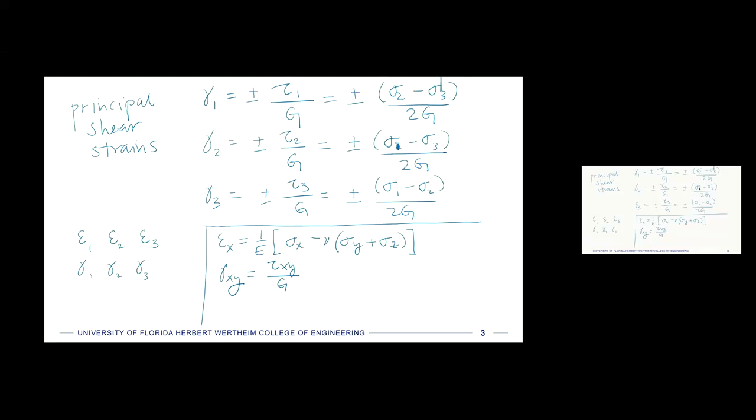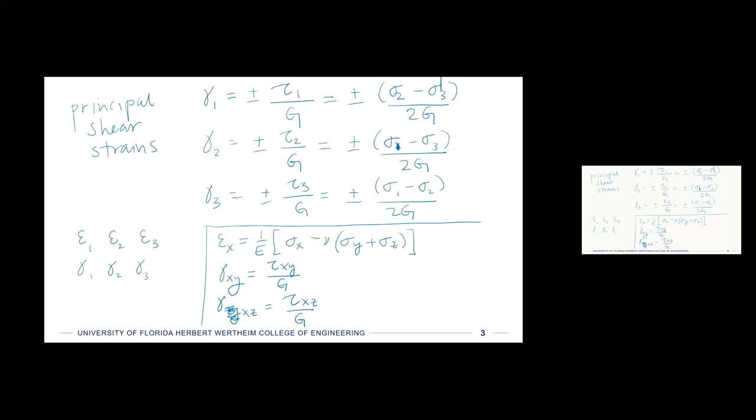And then we'll also have shear strain x due to z, and that's going to be tau xz divided by shear modulus.